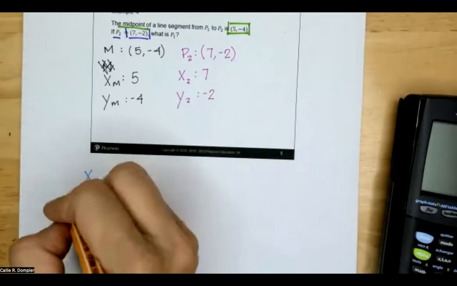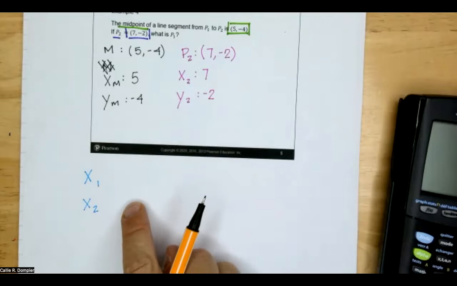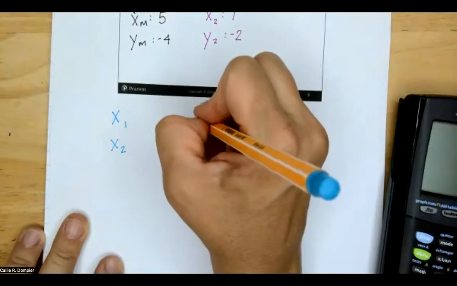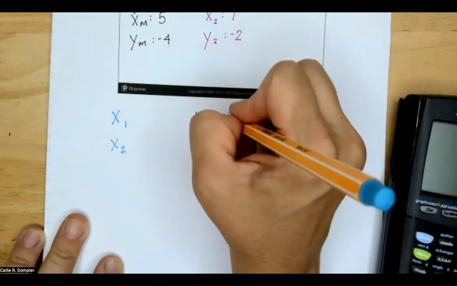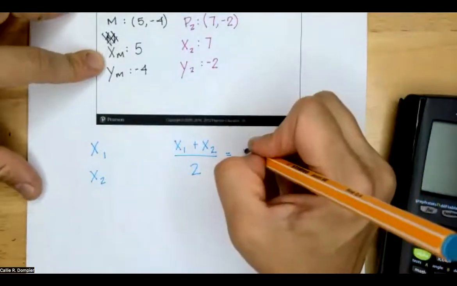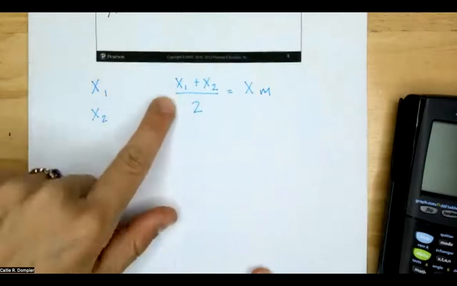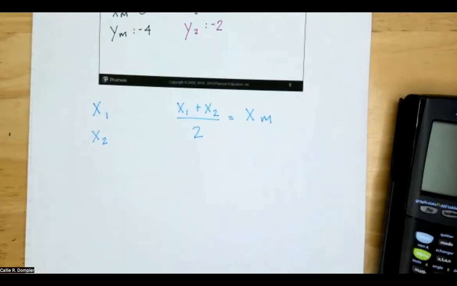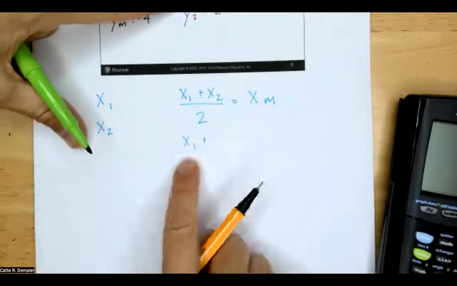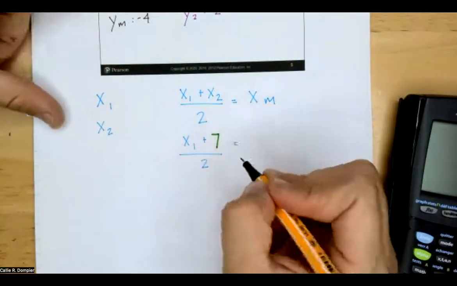So I'm going to say x1 plus x2 over 2 is going to equal xM. Now I'm going to replace all of those and solve for x1. x1 plus x2, which is 7, over 2 equals xM, which is 5.